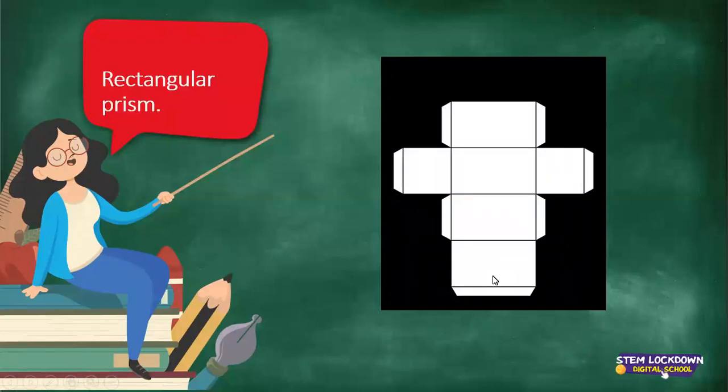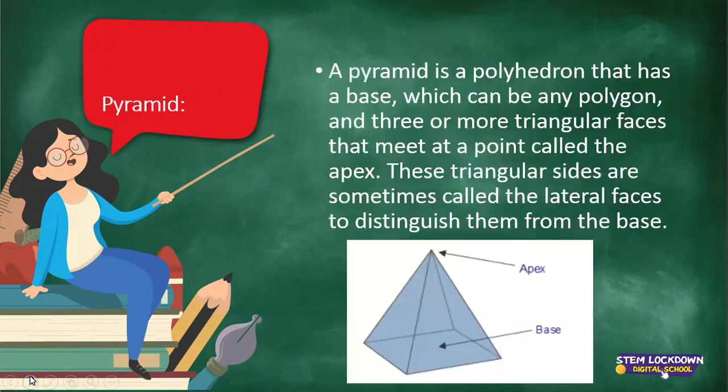There are 2 opposite sides that are the same. So that is why I'm able to pick up that this is a rectangular prism, looking at the shape of the faces. The shape of the faces is my guide, and also the number of the faces. All right, so let's move on to our next slide.